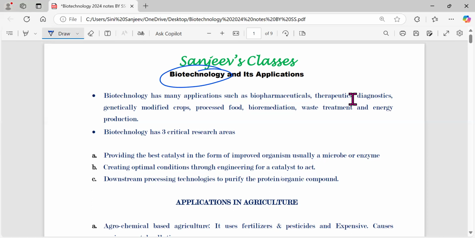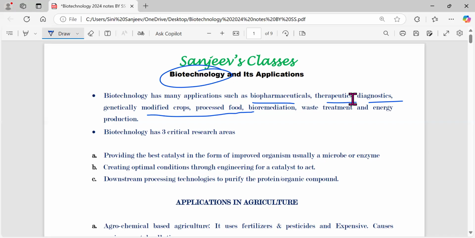For example, in biopharmaceutical companies, therapeutics, diagnostics, and to process foods in the industry to give that food more shelf life. For all these purposes, we can use biotechnology.